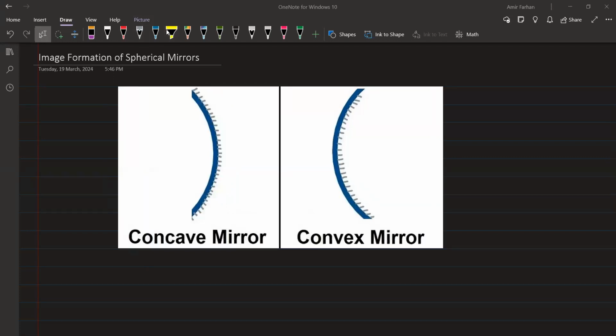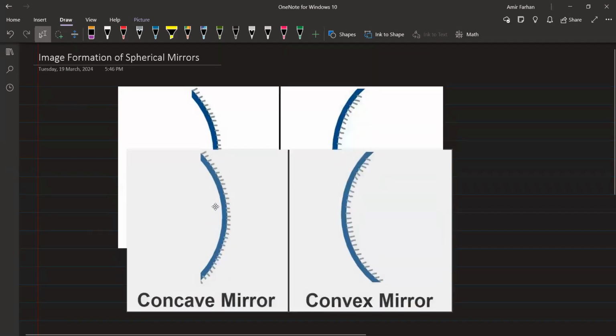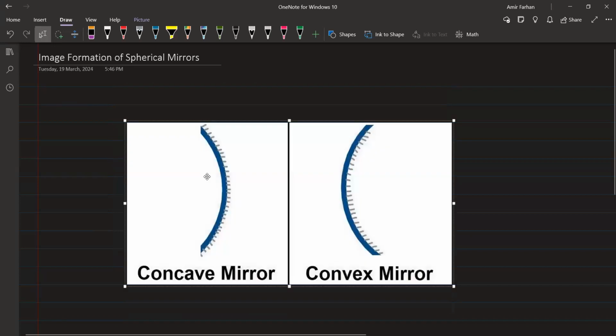Plane mirror. Okay, so this mirror that we are going to discuss is called spherical mirrors. And in spherical mirrors, there are basically two mirrors, that is concave and convex.